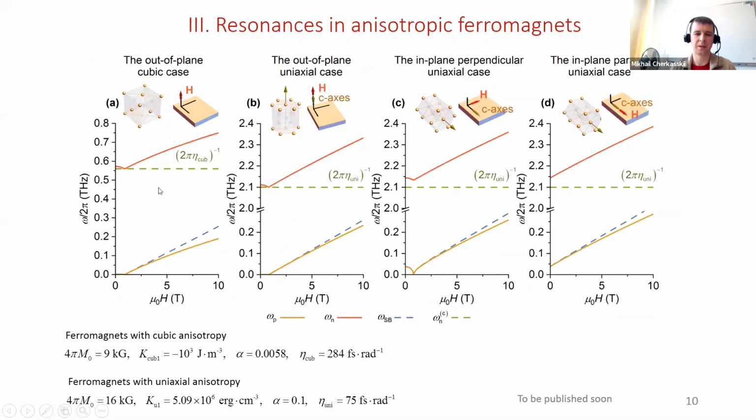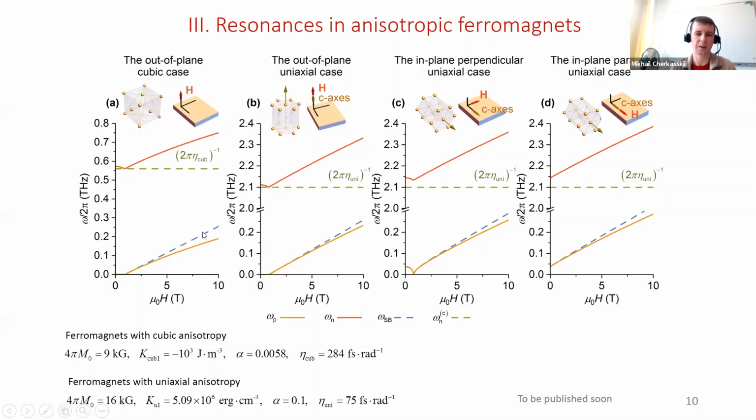It's demonstrated here. The approach without inertia is plotted with blue dashed lines. And one can see that if we include inertia in our investigation, then the frequency of precession resonance is plotted with orange lines. So this is a dependence of eigenfrequency on magnetic field. If we include inertia, then the FMR frequency or precession frequency is reduced.